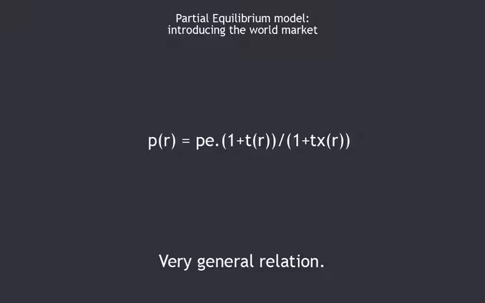So you have TR positive, TX equal to 0, and the local price is above the world price. If you have an export tax, you don't have an import tax because there are no imports. So you have TR equal to 0, TX positive, and the local price is under the world price. So it's a very general relation.